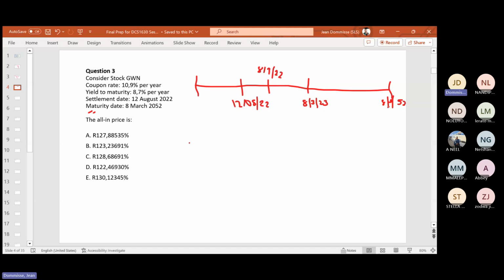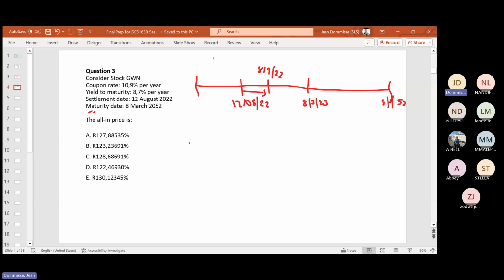Okay, so what we need to work out here is how many days are between 12th of August and 8 September.